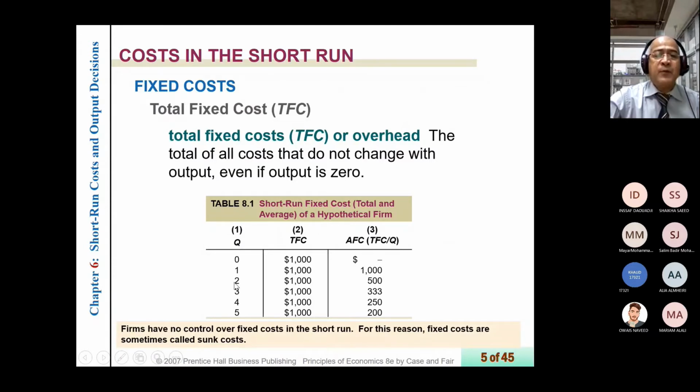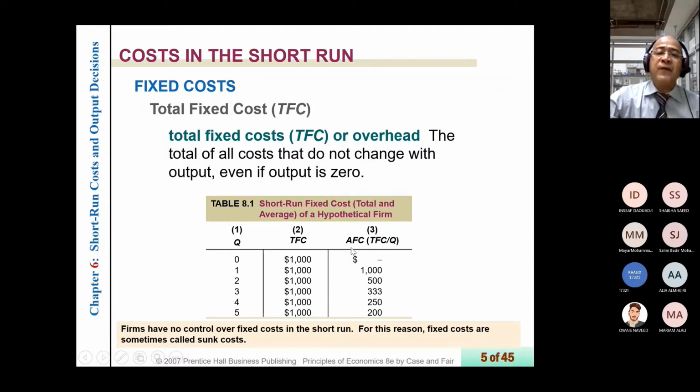So if Khalid produces 2 kilos and he pays 1,000 as rent, each kilo will incur a fixed cost equal to 500. If he produces 5 units, 1,000 divided by 5 equals 200.